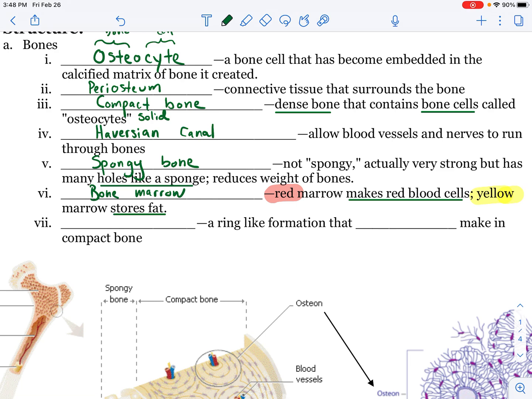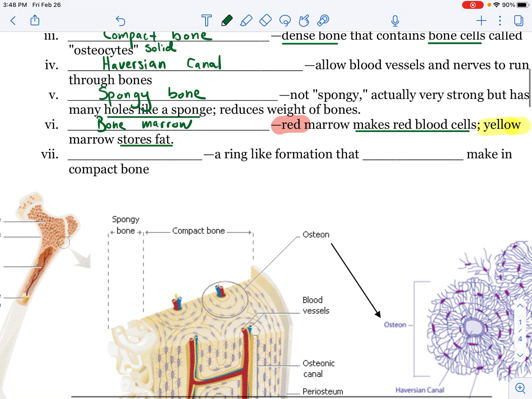So they have two very different functions. They get their name from the coloration. So red marrow is red and yellow marrow is yellow. Lastly, an osteon is a ring-like formation that osteocytes make in compact bone.